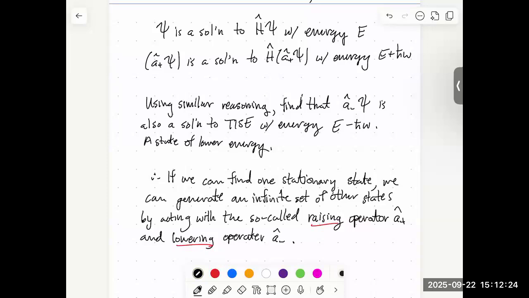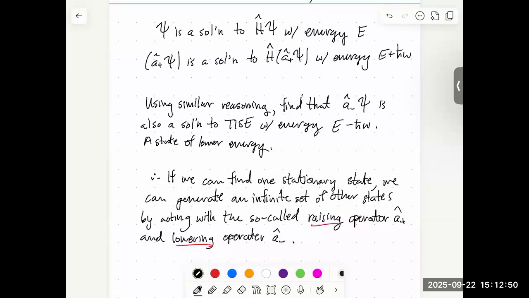The collection of these two operators are sometimes called ladder operators. And there's a picture in your book of a cat going up a ladder. So I can go up the ladder to higher energy states with the raising operator, and I can go down the ladder to lower energy states with the lowering operator, A minus.